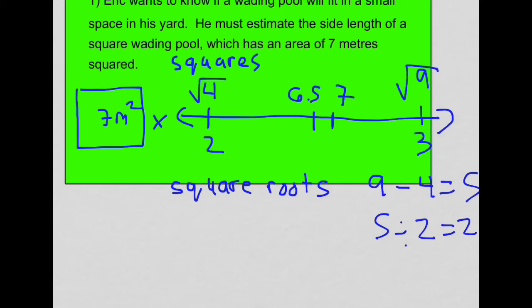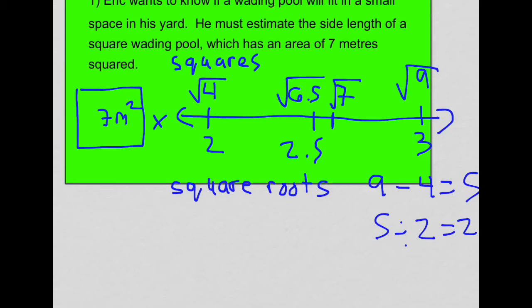That means the square root of 7 must fall somewhere in between 2 and 3. Well, if 6.5 is the midpoint of 4 and 9, then I would say the square root of 6.5 has to be about 2.5.